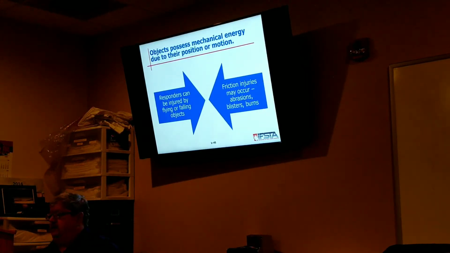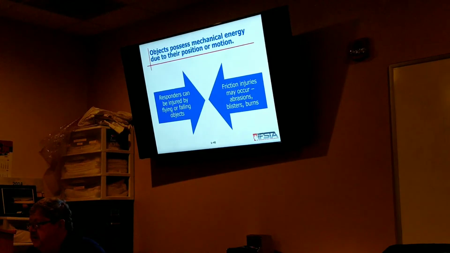Objects pose mechanical energy due to their position or motion. Any of the first responders can be injured by flying or falling objects. So if we have something that fails, we're going to have flying objects coming around us. How many have ever seen the video with the propane tank going off?